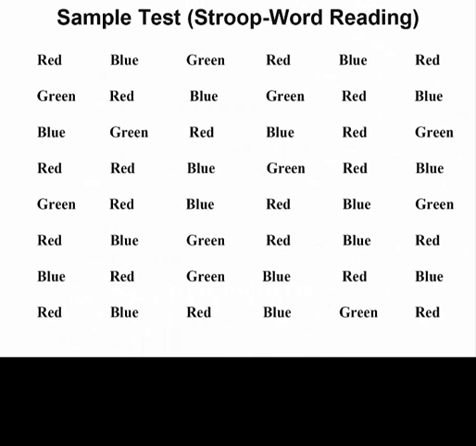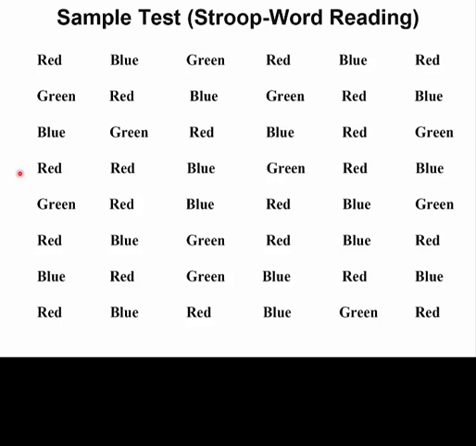Now let me demonstrate a sample cognitive test. This test was developed by Stroop and has 3 components. In the first session, you're going to read words. What you're going to do here is you're going to read these words down in a column. We'll start with red. Then you're going to go down to green, blue, red, and so on.